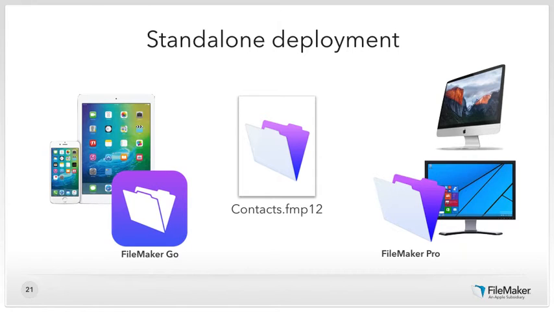The FileMaker app is simply copied onto the device as you would any other file. If the same file is copied to, say, a Mac and an iPad, the data on each device is separately stored and managed. And that's the idea of standalone deployment. And this deployment method is great for single operators not needing to share data amongst a workgroup.